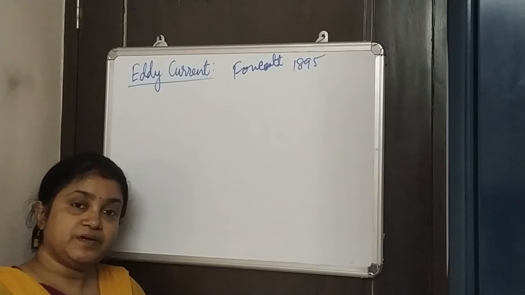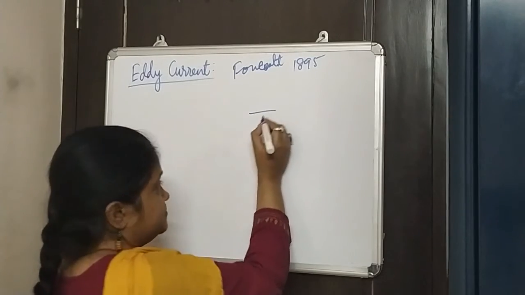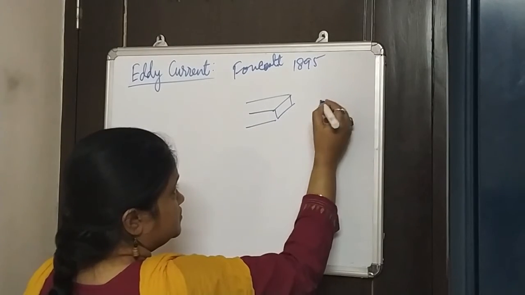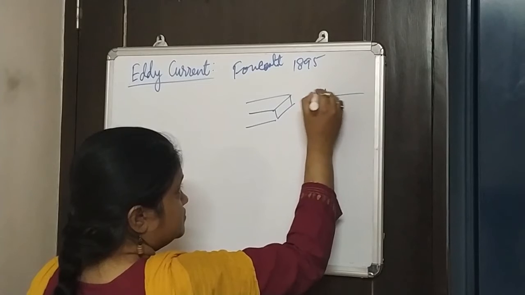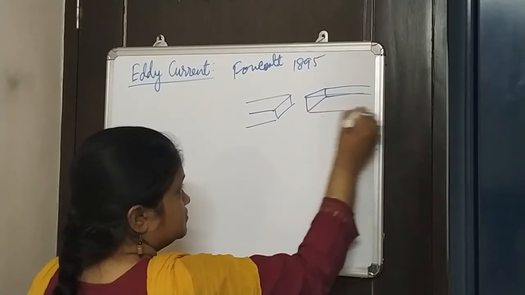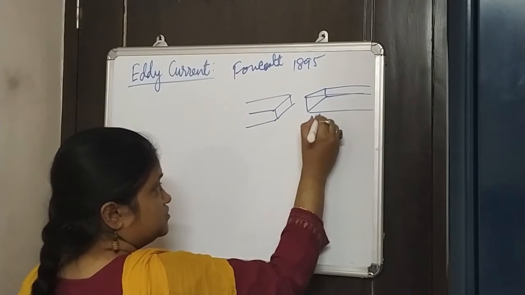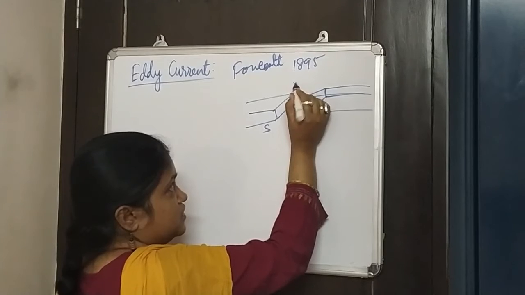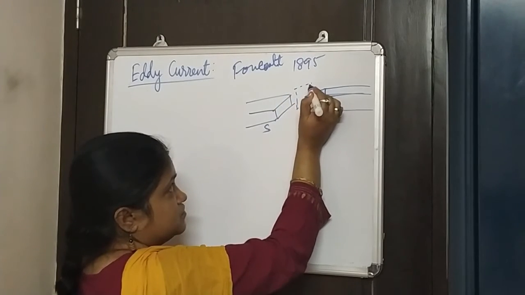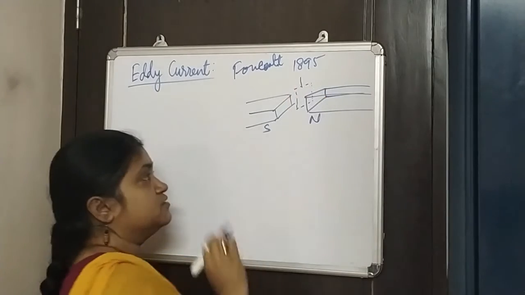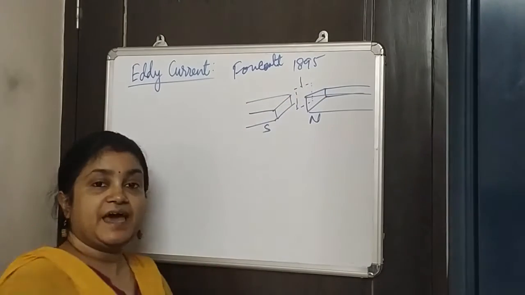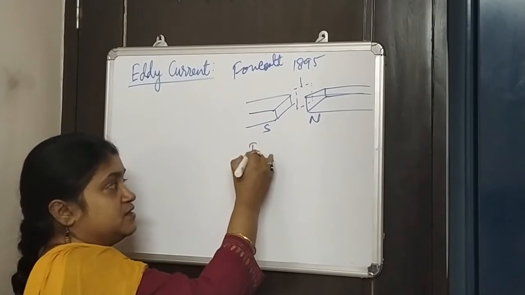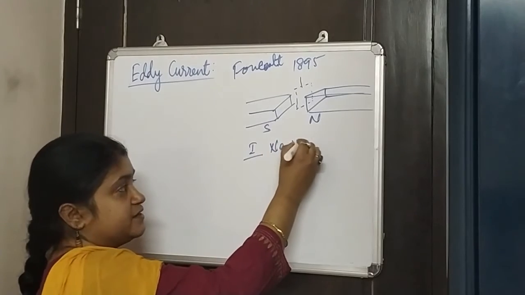So when we do the experiment, let's suppose I have an electromagnet, this is the north, this is south, this is the electromagnet, and in between suppose I have a plate hanging.